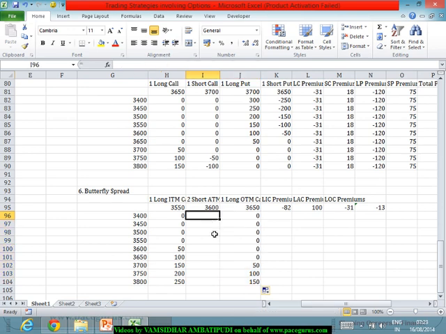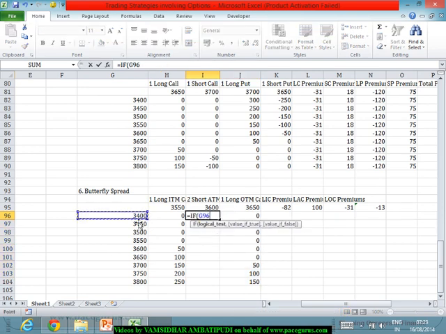And in a short position also, the exercise would be done by the long only when the market price is greater than the strike price. So until that time it is going to be a zero payoff for either of the parties. But once it is greater, here I am talking about doubling it because I have two short calls.